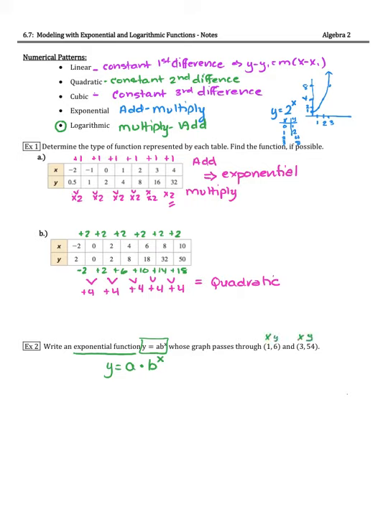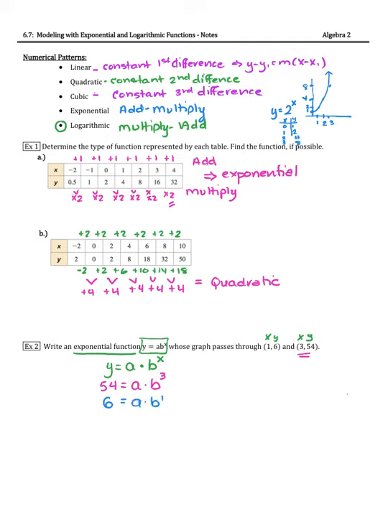And we need both. We need two because we have two variables we have to solve for, both a and b. I like to start with the bigger one and fill in for the y and the x. So 54 equals a times b cubed. And then I take the second one and I put it right underneath. So the y value is 6 equals a times b to the 1.